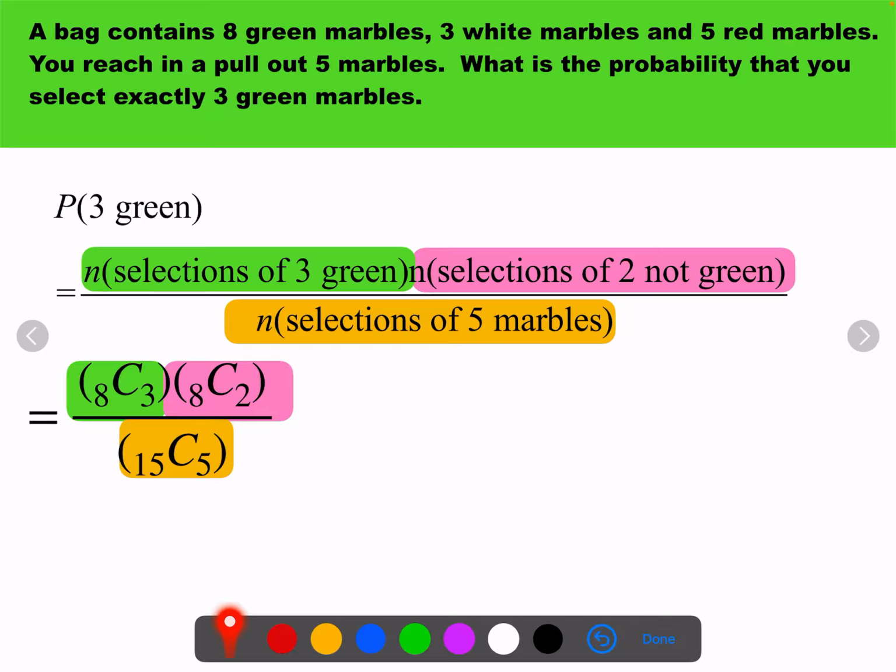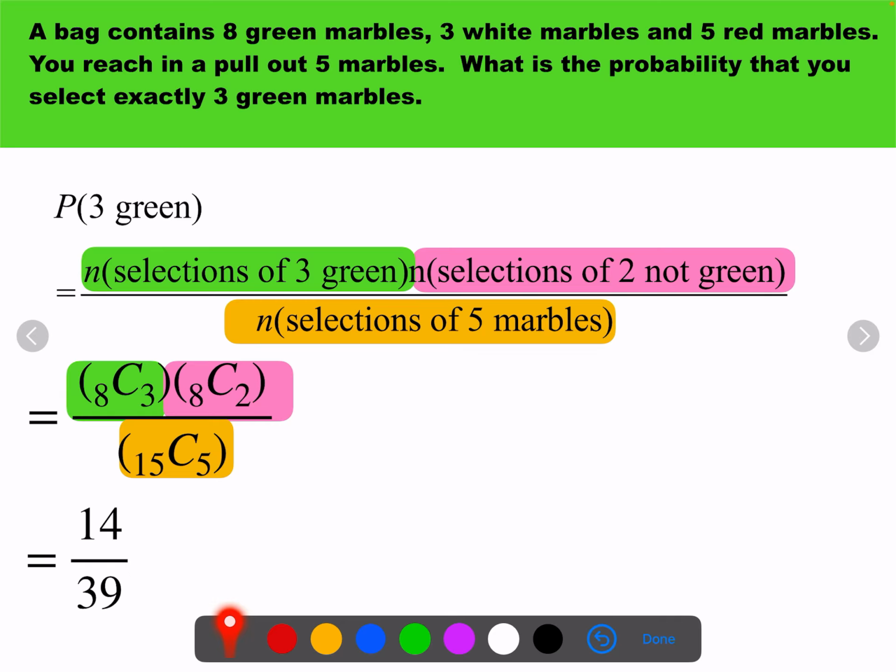Your calculator can do these reductions for you, but we want to keep our answers as reduced fractions in our math paragraph. So we get 14 over 39 as the probability of selecting exactly 3 green marbles.